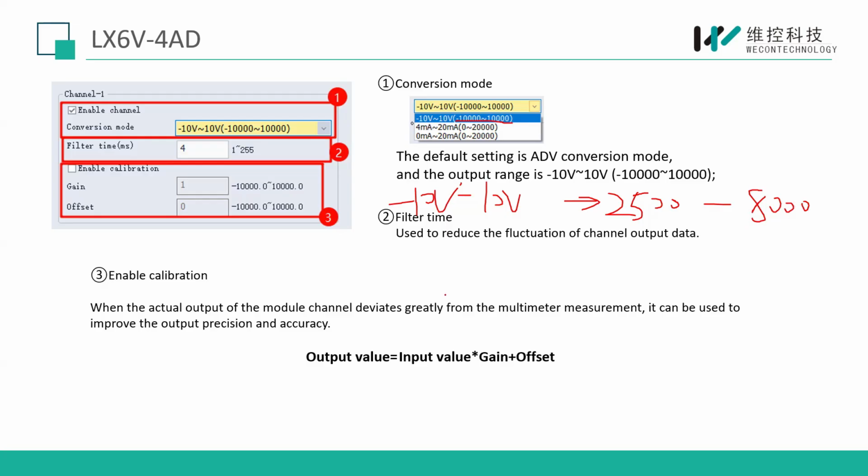So they can use this function to set the value into this formula and get the gain and offset and set it in here to create the range the customer needs.